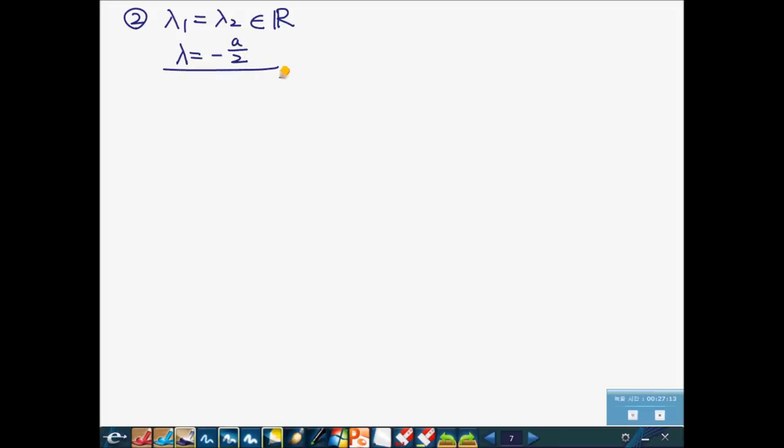You have only just one lambda from the root formula. So your y1 equals e to the minus a over 2 x. And y1 prime is minus a over 2 e to the minus ax over 2. We don't have to calculate y1 double prime.